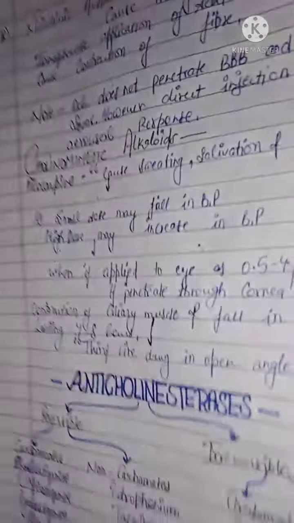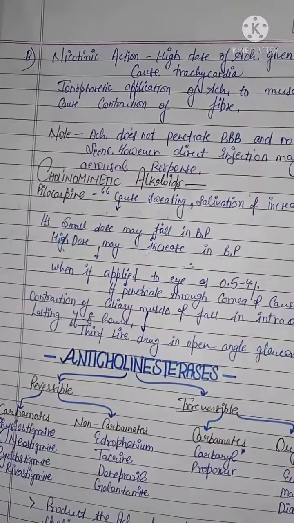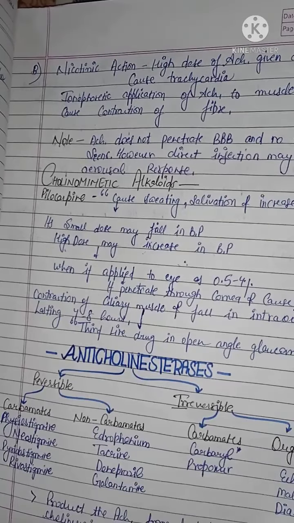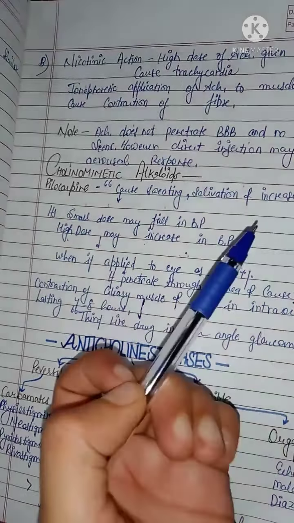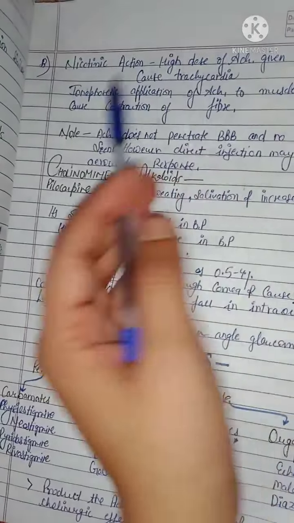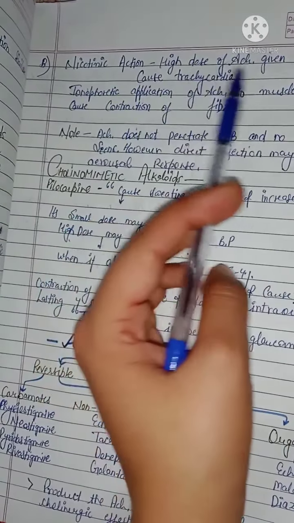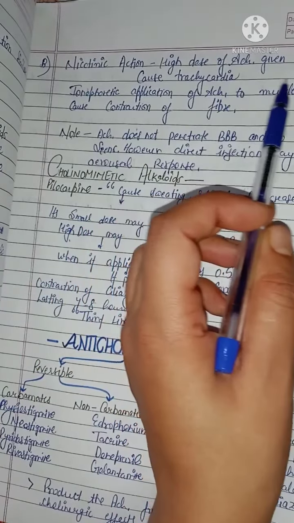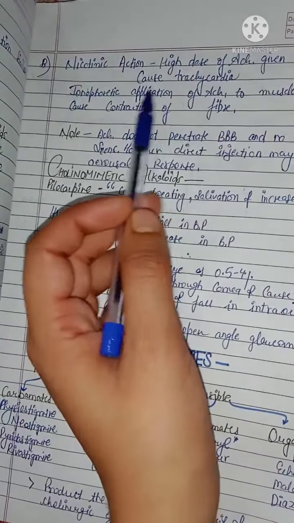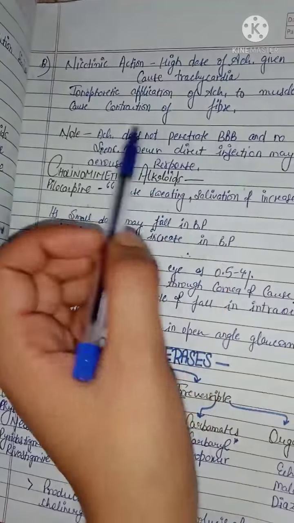On the other hand, we can also see the effect of acetylcholine on the nicotinic receptors. If a high dose of acetylcholine is given after atropine, then it may cause tachycardia.